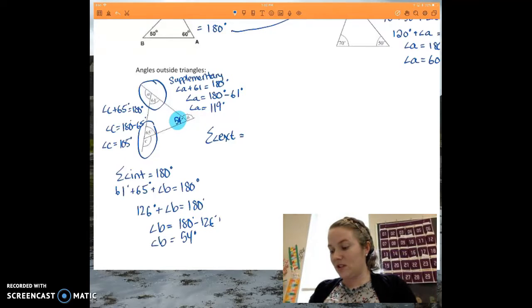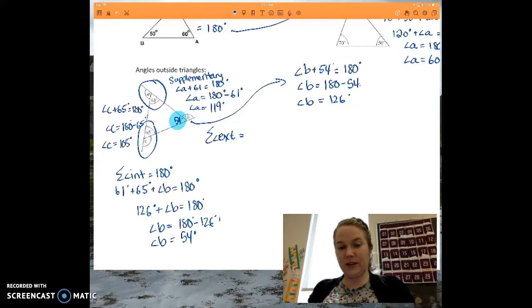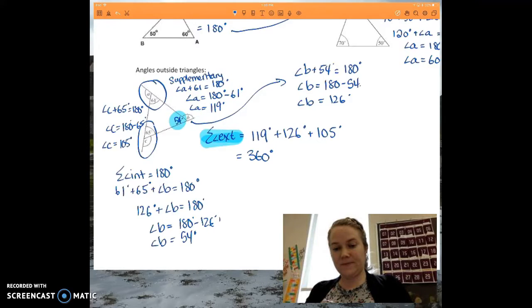And the only other one we don't know is angle B, so I'll bring this over here. So angle B plus 54 that we already found is 180 degrees. Angle B is 180 minus 54. Angle B is going to be 126 degrees. So now we can solve for the sum of exterior angles, and that's going to be 119 plus 126 plus 105, which is going to be 360 degrees.